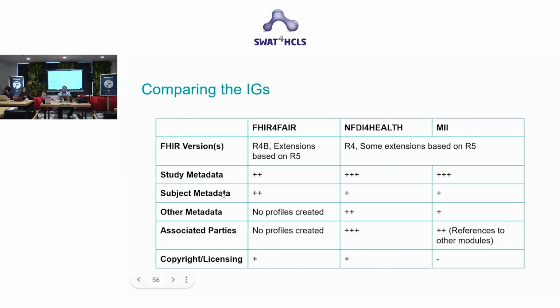We looked at the FHIR versions being used. So FHIR4FAIR is based on R4B with backport extensions from R5. Why R4B? Because there's a data type that does not exist in R4, the citation, so that you can really indicate the bibliographic information of a publication or of a document, etc. And FHIR4 and MII are based on R4, but also with backport extensions from R5.